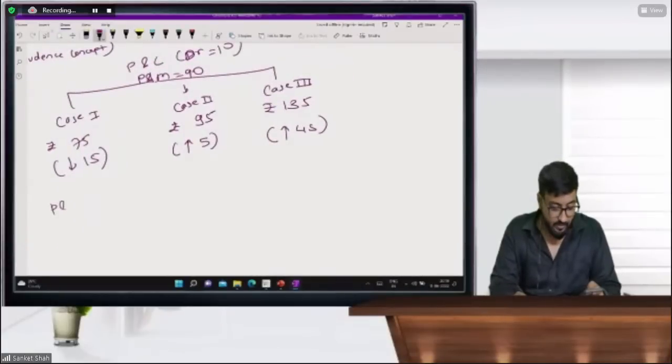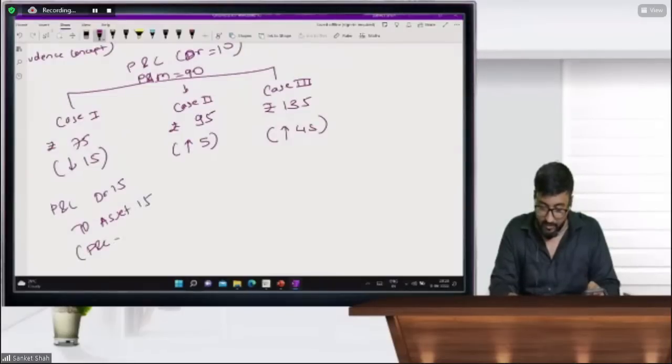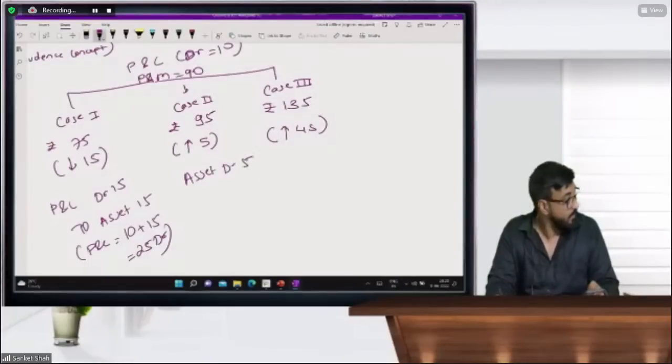First case, P&L account debit 15 to asset 15. So P&L balance 10 debit plus 15 debit, 25 debit. Second case, asset account debit 5 to P&L 5.